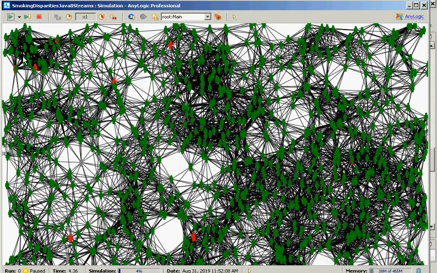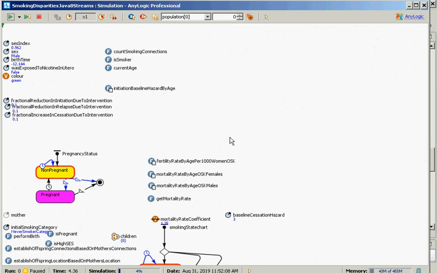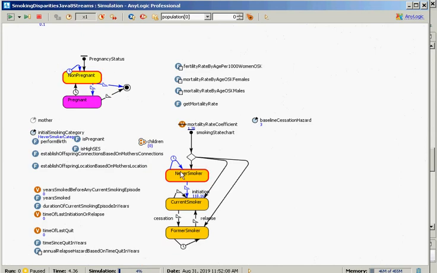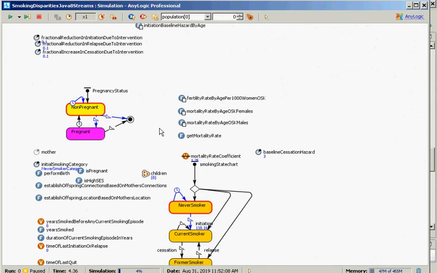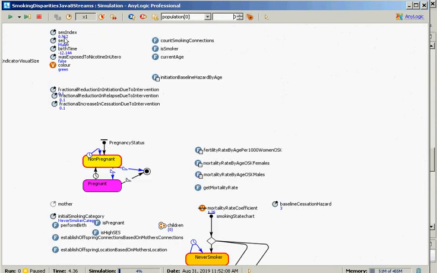Here's person 1. This person is a quite low SES individual, 0.1 versus 0.9. They're female. They too right now are non-pregnant and never smokers. We're actually starting everyone, for the purposes of understanding, in a never smoking state for this scenario.